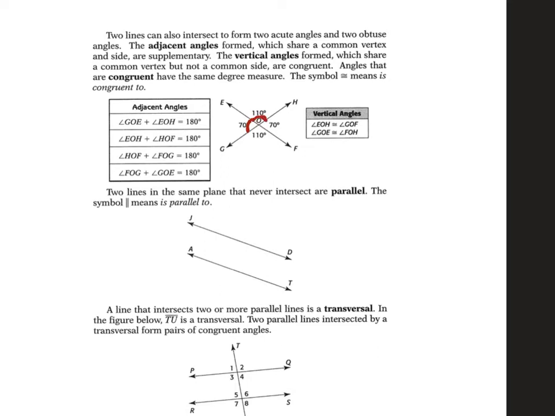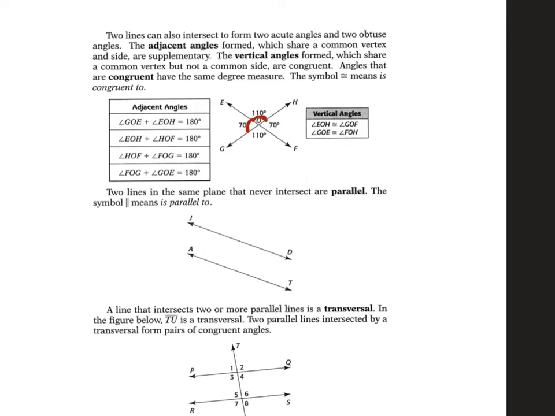So that's a total of 180 degrees, or a straight line. It also tells you that the angle EOH and HOF are equal to 180 degrees. Angle HOF and angle FOG are equal to 180 degrees, as well as angle FOG and angle GOE are equal to 180 degrees.